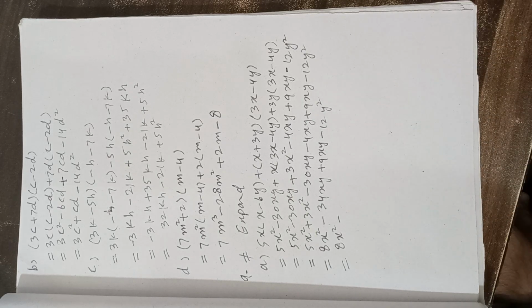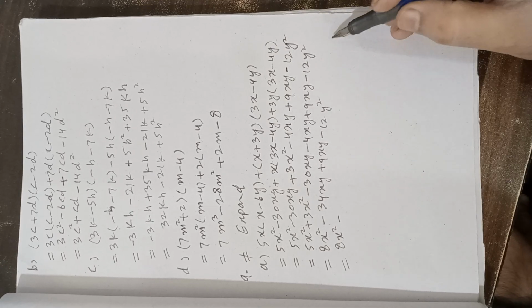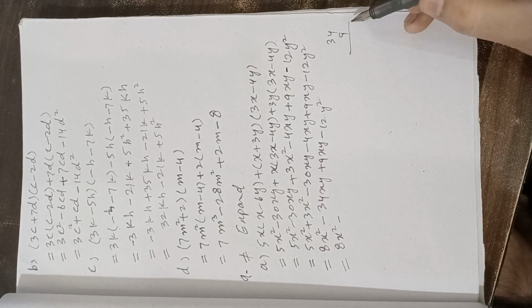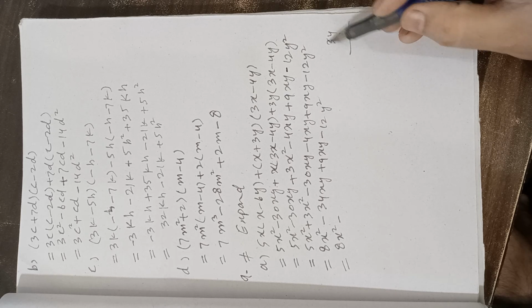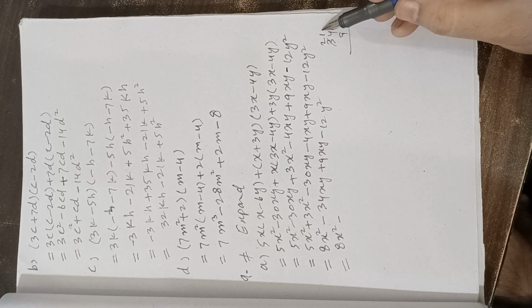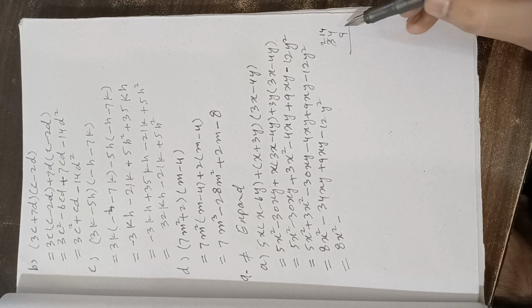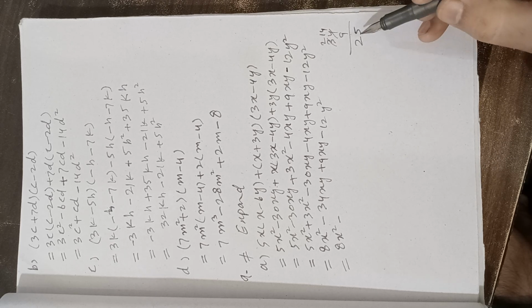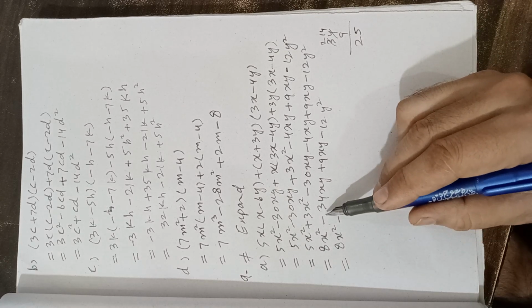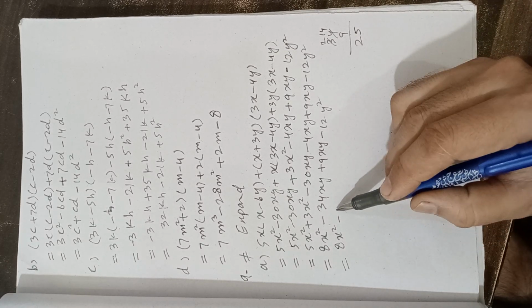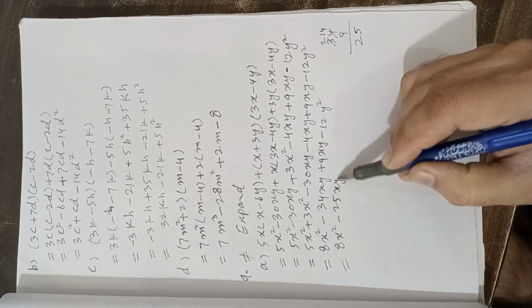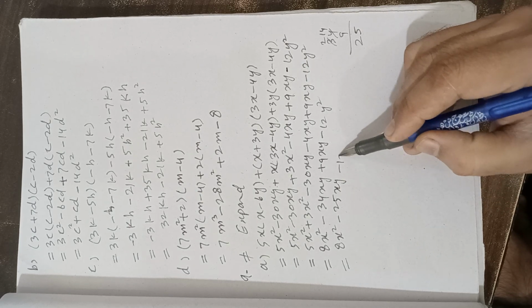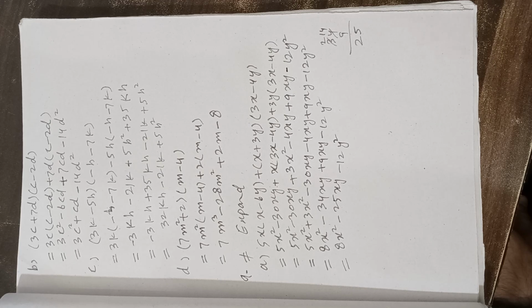The answer is 34 minus 9, the answer will be 25. And because the minus sign is bigger, you will write minus 25xy. Then there is minus 12y square.